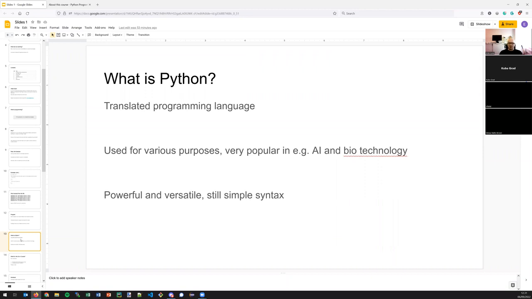Anyway, a translated programming language means that when you have a Python translator running on your computer, it translates the program one instruction at a time to the form which the computer can then execute. And the upside for this is that when you write a Python program, you can execute it on any computer that has a Python translator.